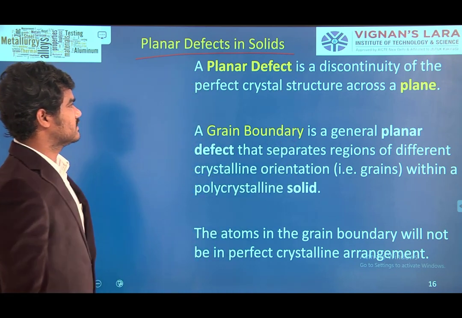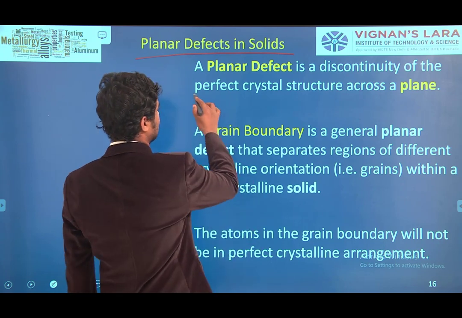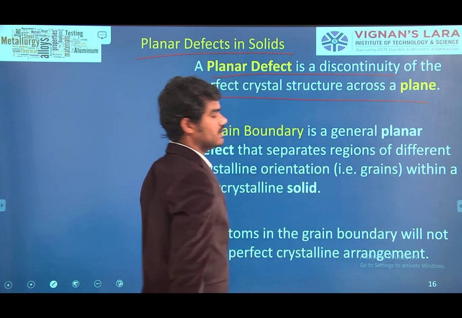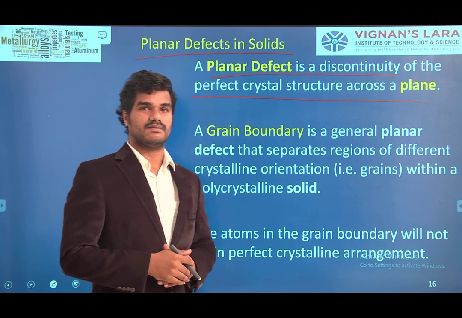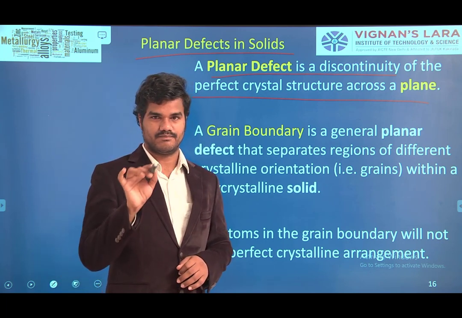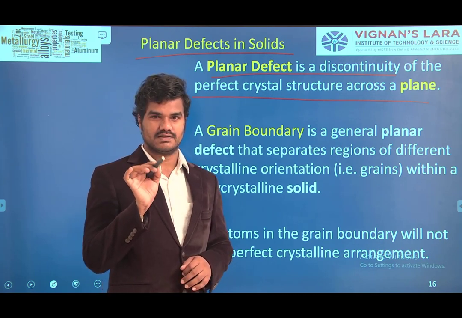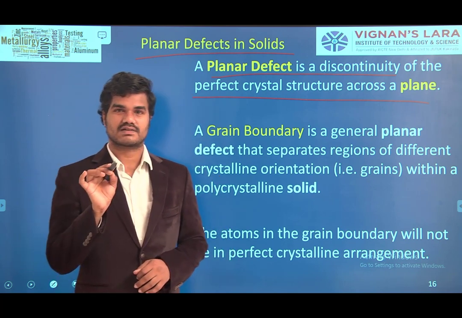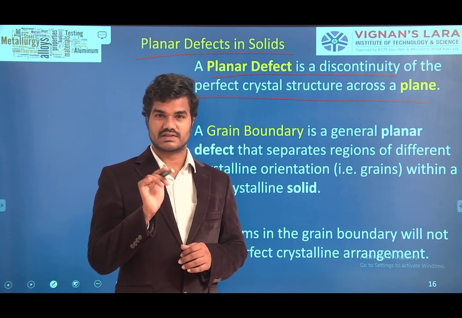What are planar defects in solids? A planar defect is a discontinuity of the perfect crystal structure across a plane. If you take one plane, perfect crystal structures are there in some arrangement, but on the same plane, in some area, the crystal structure is changed.